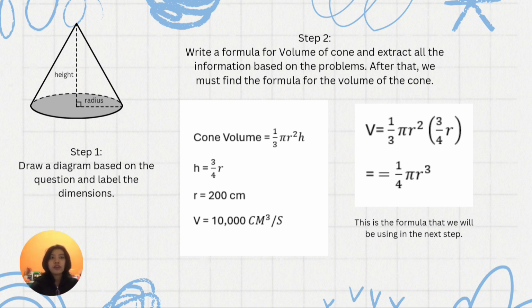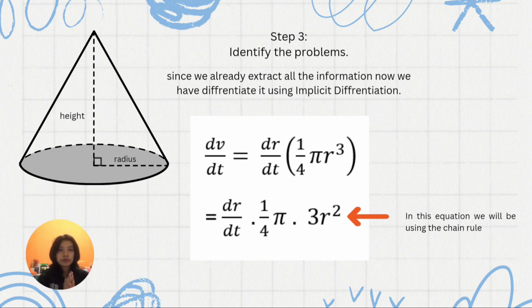Since we already got the height, we can replace the height in our formula. This is not really our answer, but the formula that we will be using in the next step, which is 1/4 pi r cubed.